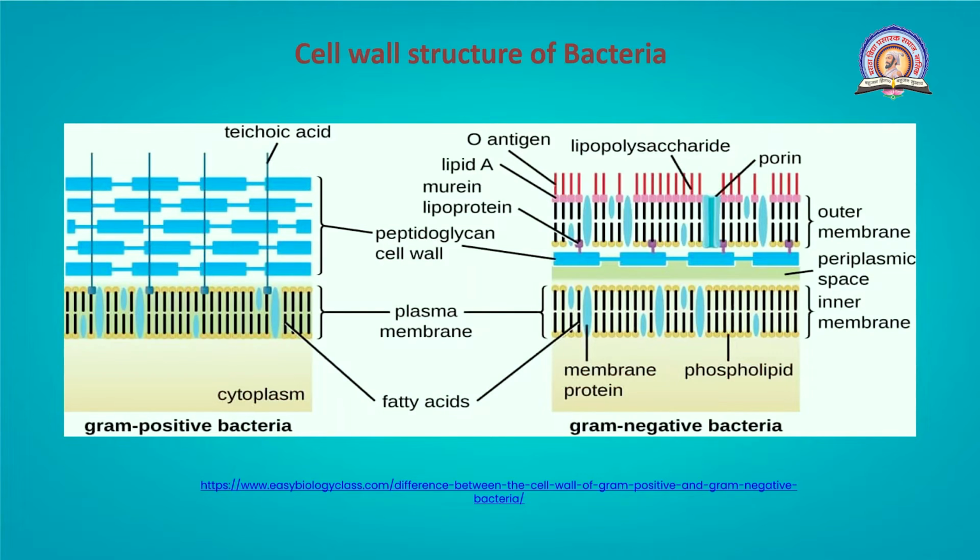So this is the second difference between gram positive and gram negative bacteria. The first one is about the thickness of peptidoglycan. Gram negative bacteria contain lipopolysaccharide, which is made of the O antigen and lipid A, which makes gram negative bacteria protective against the environment.